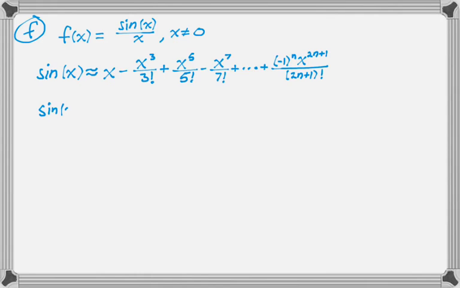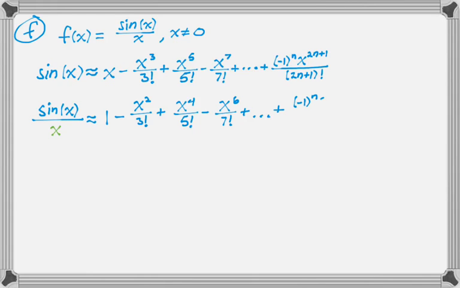So sine of x over x, which should be just decreasing the power by 1. What's interesting is that now on the right-hand side there's a 1, and then everything else still has an x with it. So when we use this to take the limit as x approaches 0, that 1 is going to stay and everything else disappears.